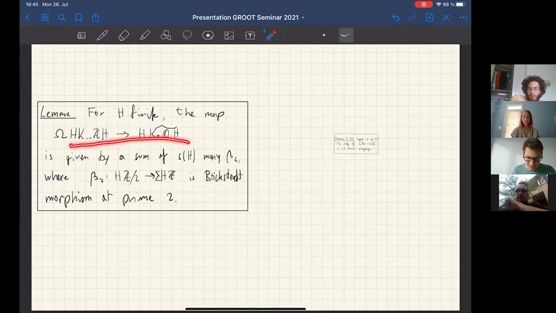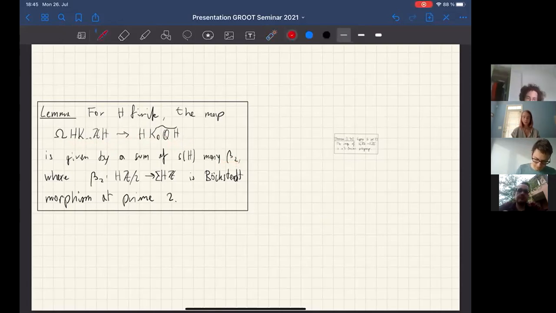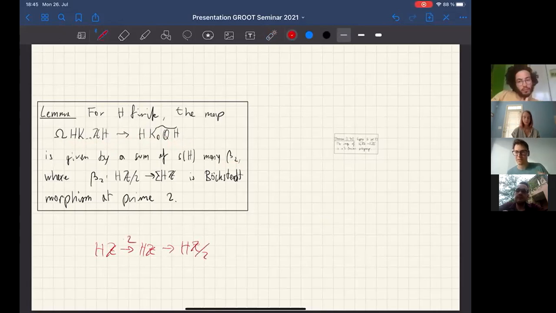This map for a finite group is just given by a sum of Bockstein homomorphisms. The Bockstein homomorphism is, if you have the exact sequence that defines the Eilenberg-MacLane spectrum of Z/2, since this is a fiber sequence of spectra, there's a natural connecting map.